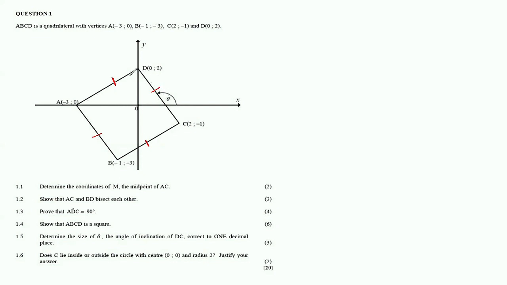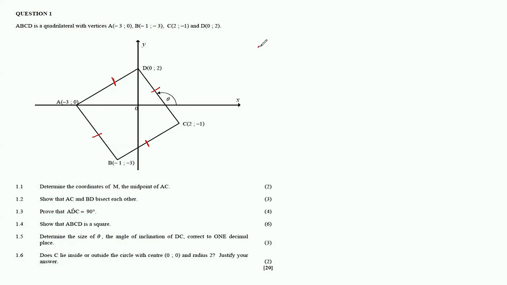If I find that side AD is equal to side DC, then this, without any shade of doubt, will prove to us that it is definitely not a rectangle. So obviously, if it is not a rectangle, then it has to be a square, right? So this is the approach that I'm going to take in answering that question.